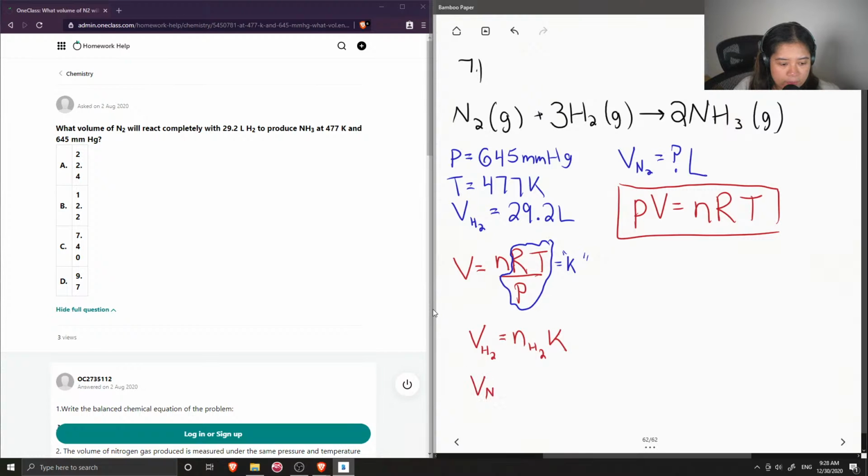The volume of nitrogen is equal to the number of moles of nitrogen times K.